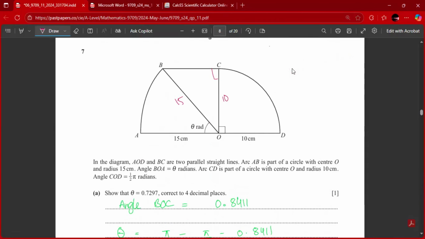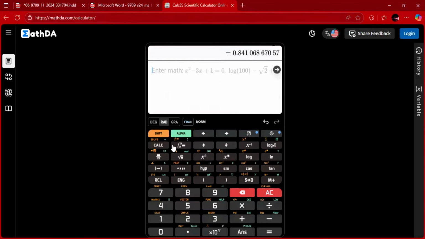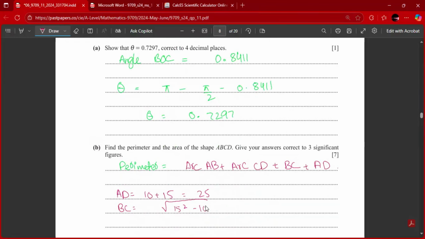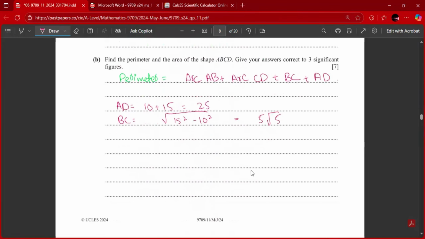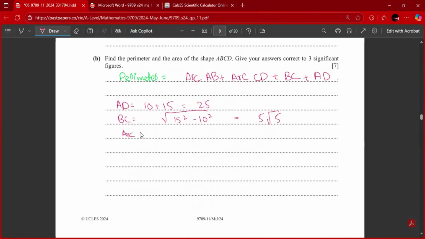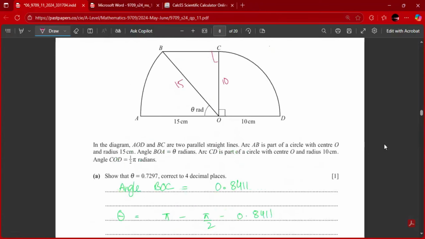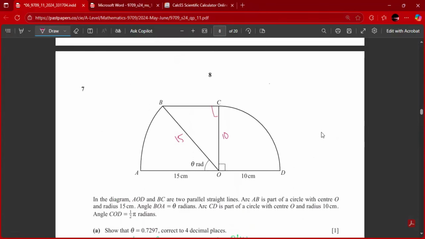Okay, now going to my calculator. Now we have to find the arcs, arc AB and arc CD. To find the arc length, there's a formula. I think it is given in MF19, but I don't remember precisely.